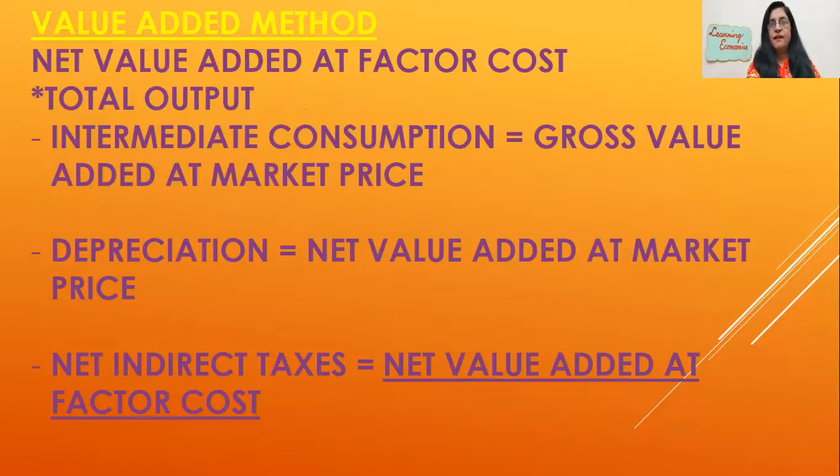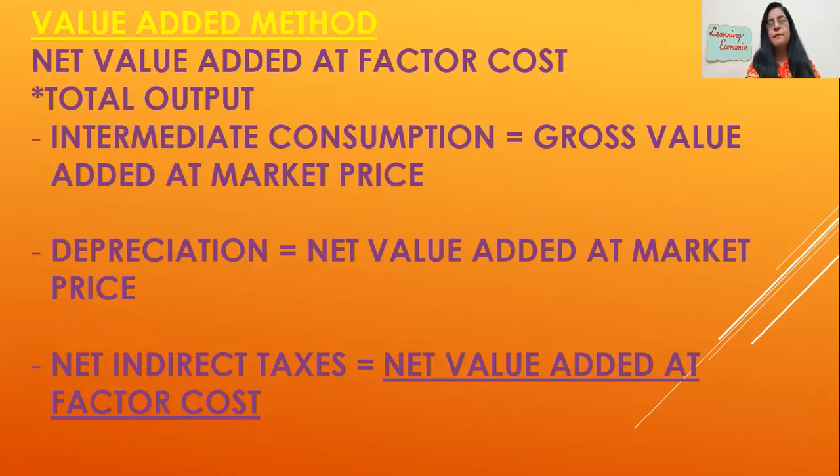For the value added method, we want to find net value added at factor cost. For that, we have total output, and from total output we deduct intermediate consumption. When we deduct intermediate consumption, we get gross value added at market price. What is the difference between market price and factor cost?